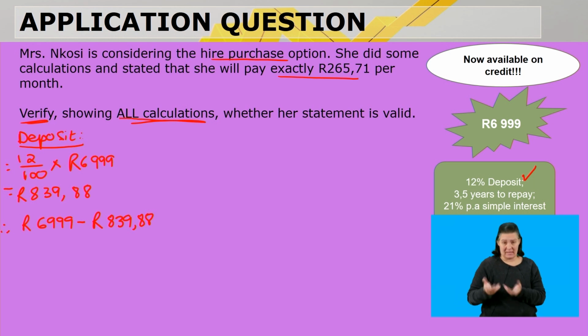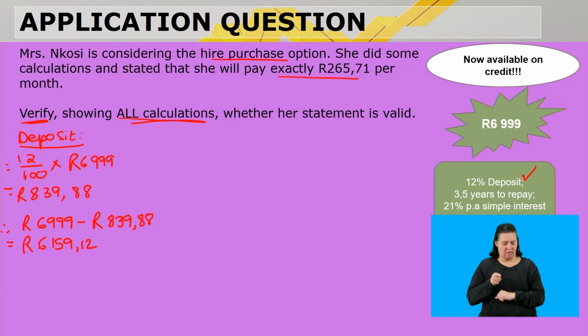So let's type that in. That now becomes our loan amount, basically, of 6,159 Rand and 12 cents. Okay, so this becomes the loan amount.